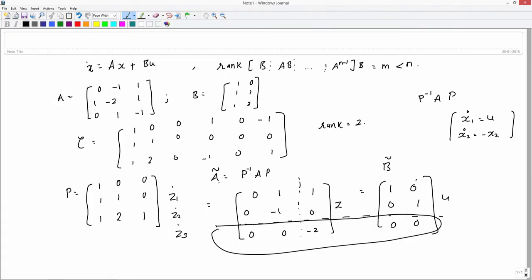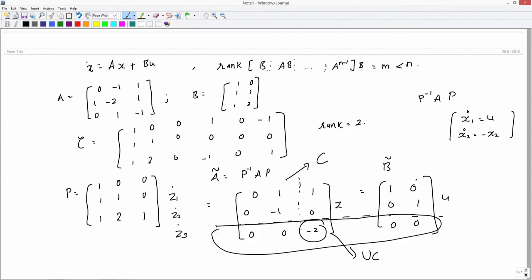So with this transformation I have split the system into a controllable part and an uncontrollable part. This is my controllable part and this is my uncontrollable part. So, what did we do here?